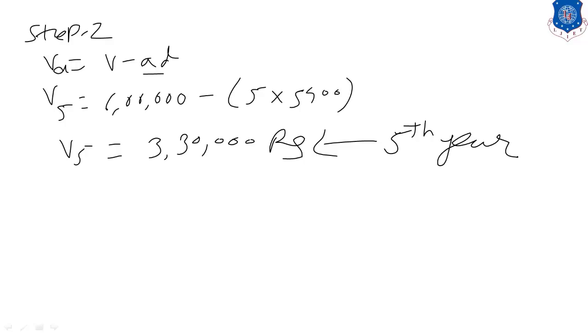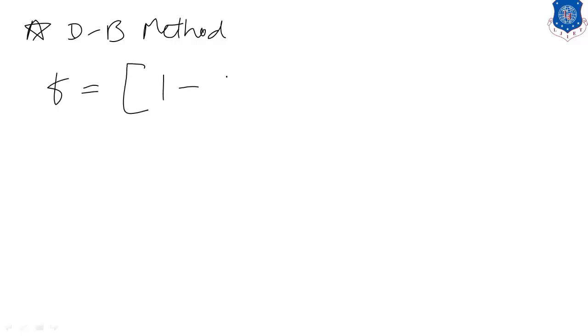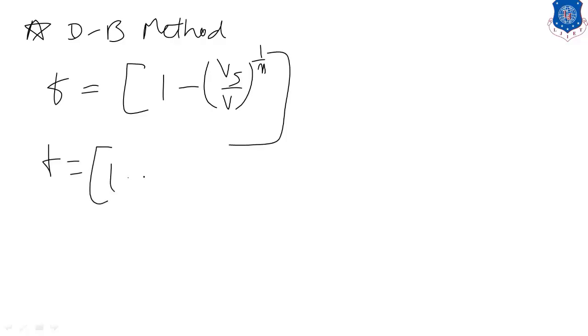Now let's calculate the depreciation using declining balance method, or we can say the DB method. For declining balance method, we first have to find out the factor, which can be given by F is equal to 1 minus (Vs upon V) whole raised to 1 upon N. So F is equal to 1 minus Vs, which means the salvage value of the heat exchanger, which is 60,000, given in the statement.